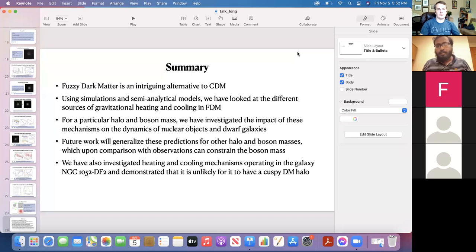I understand, but is the fuzzy dark matter halo contracting to compensate? It should, if we keep increasing the mass of the galaxy, then at some point we should see that. But we put a 10^6 solar mass galaxy in a 10^10 solar mass halo, and we have also done it with a 10^7 solar mass galaxy.